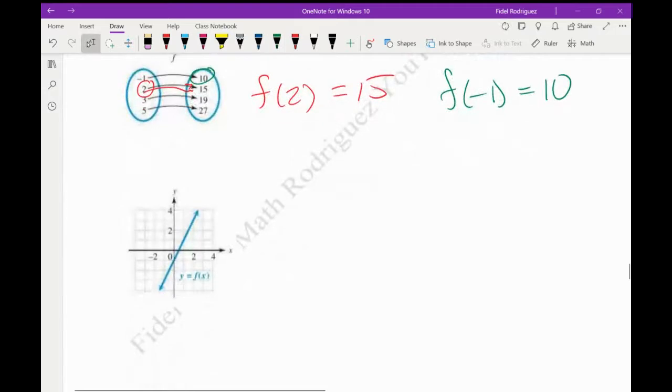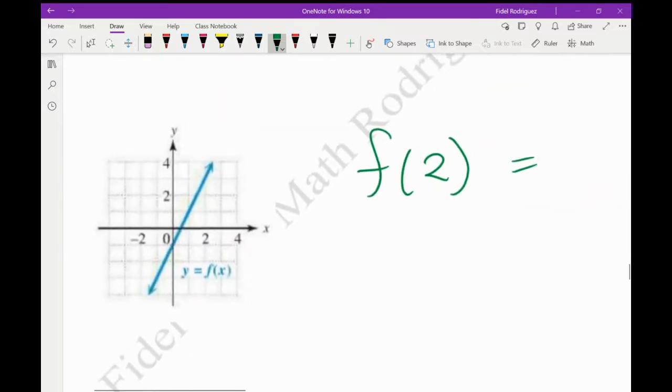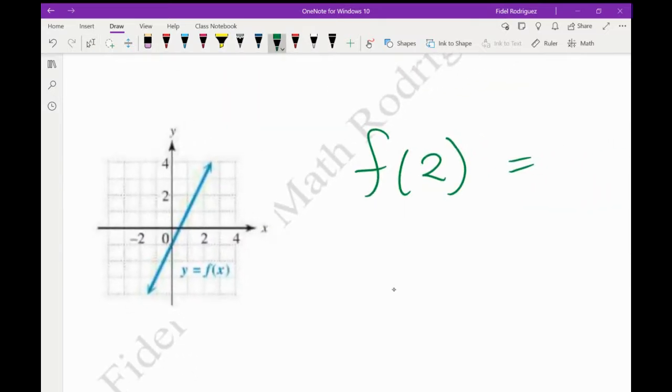Okay. Let's do the same thing here for this next one. So we want to find f of 2. So I'm going to come along to the x-axis right here, guys. And I'm going to scroll along right here. When x is 2 and I go up, what's the y value that we're hitting? We're hitting 3, right?